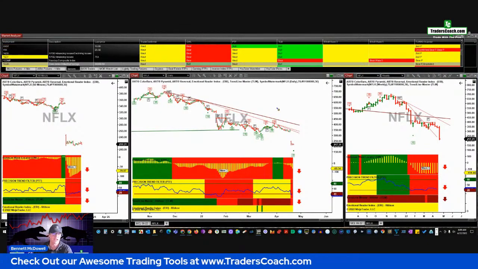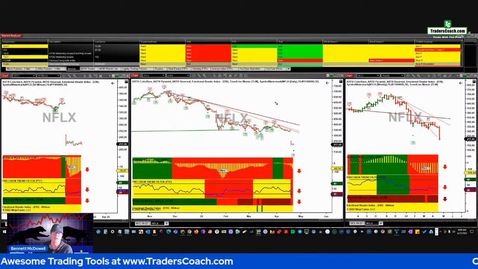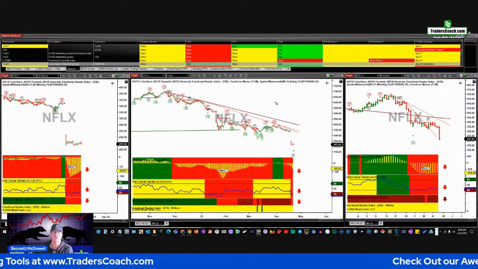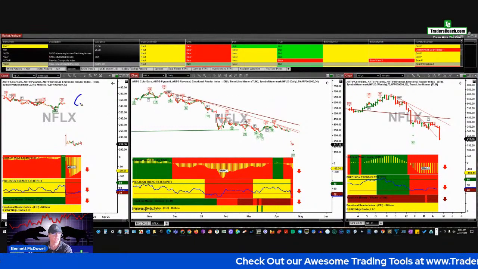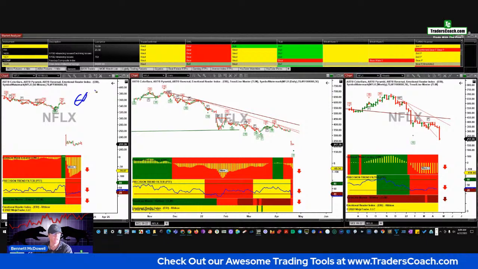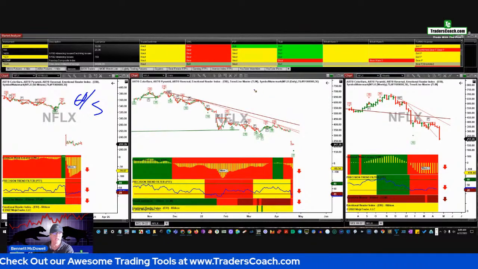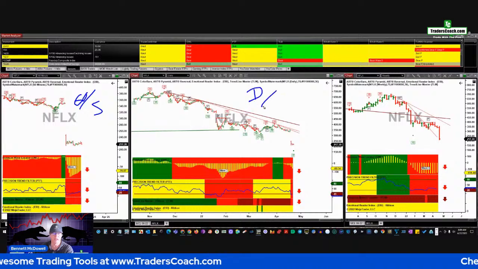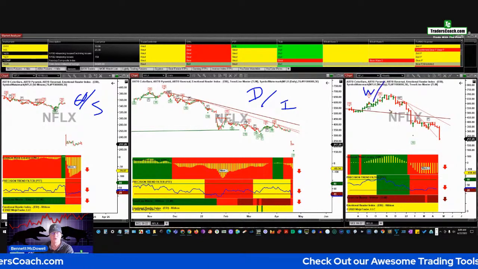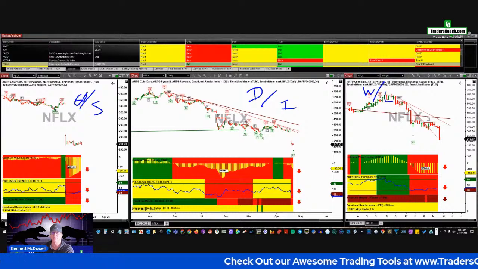So if we're looking at longer term position trades, where normally the daily chart is our primary chart, then you'd set it up like I have it here with a 60-minute chart looking at the short-term aspect of the chart, and then a daily chart here looking at the intermediate aspect, and then the weekly chart on the far left looking at the long term.